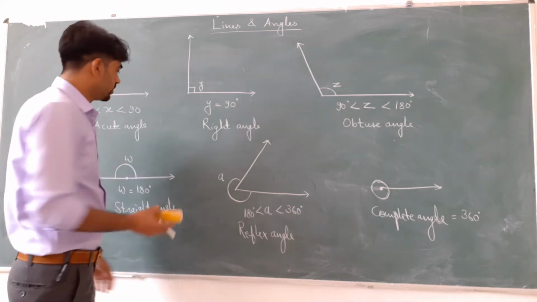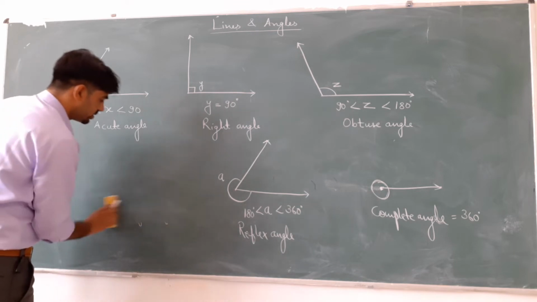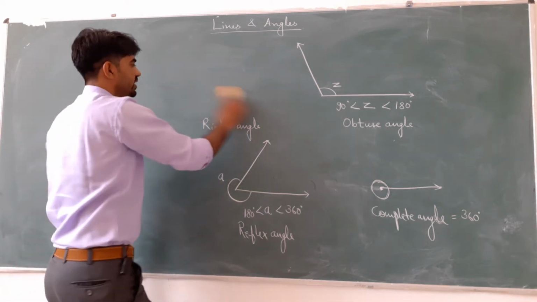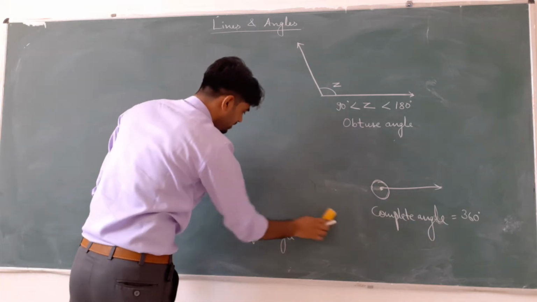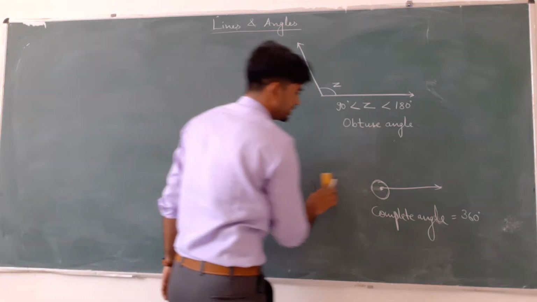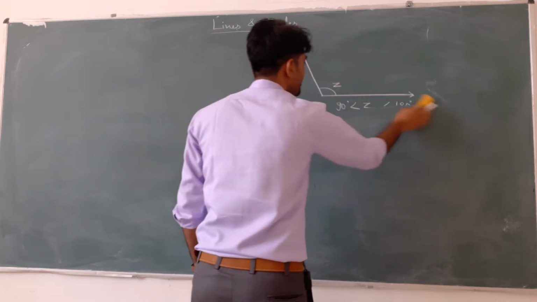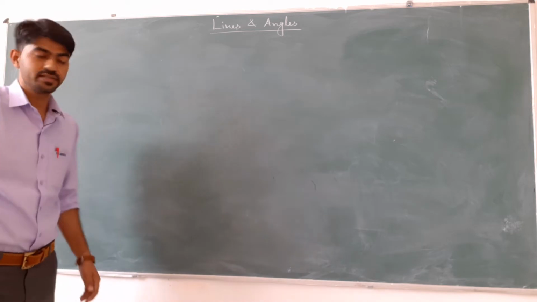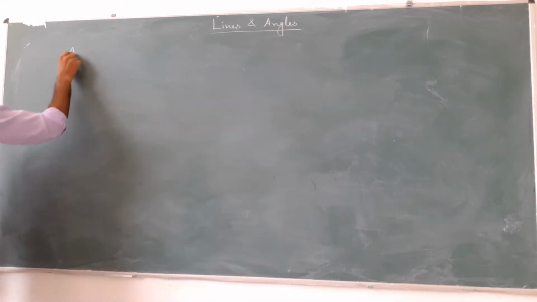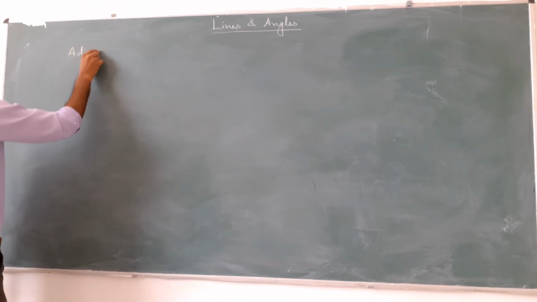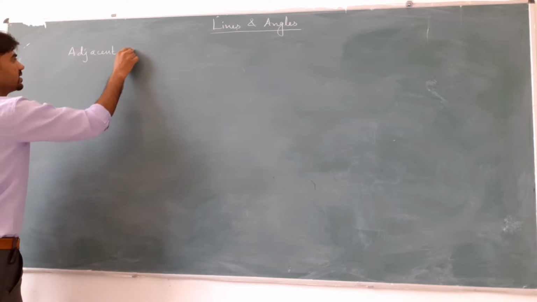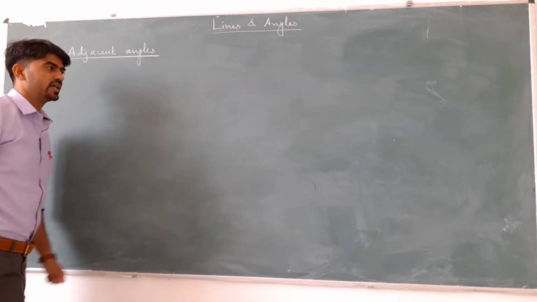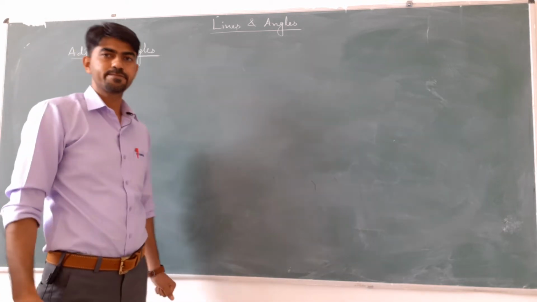Now we have one more pair of angles, and that is adjacent angles. What do you mean by adjacent?